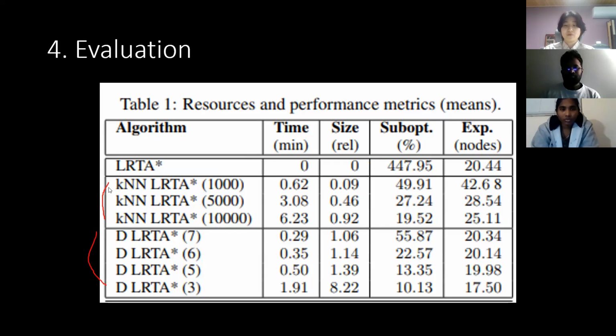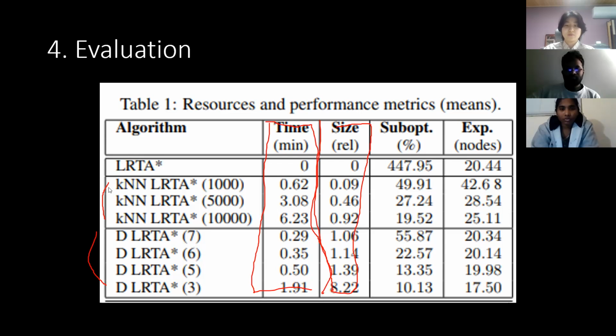As shown in the table, the modified LRTA stars produce more optimal paths considering the size of the map. I'm talking about here. However, the reachability checks of KNN LRTA star cause longer duration of time to compute. So you can check the time over here.